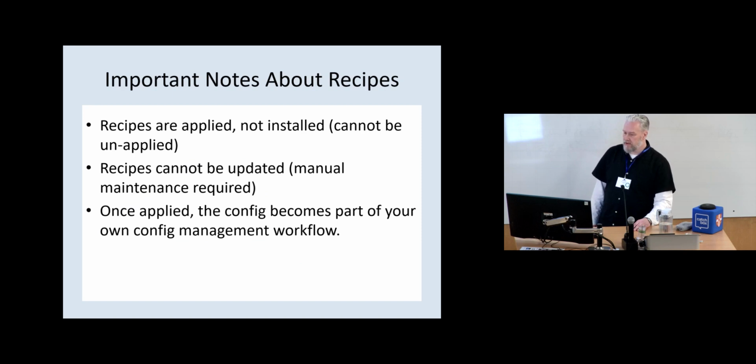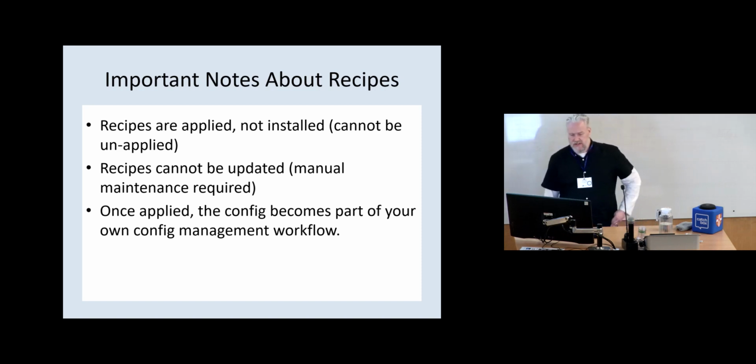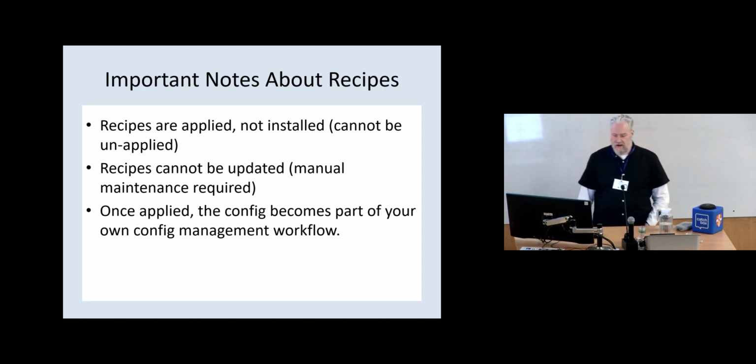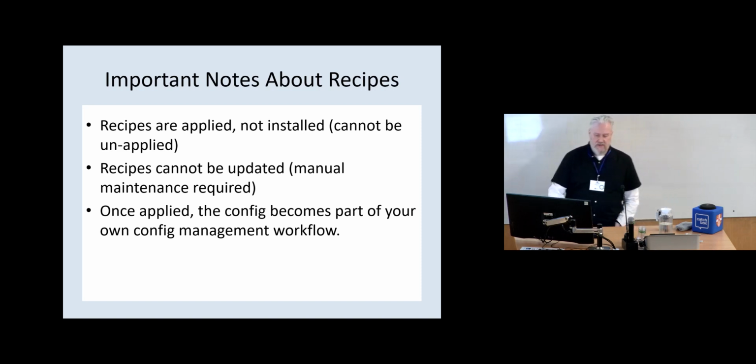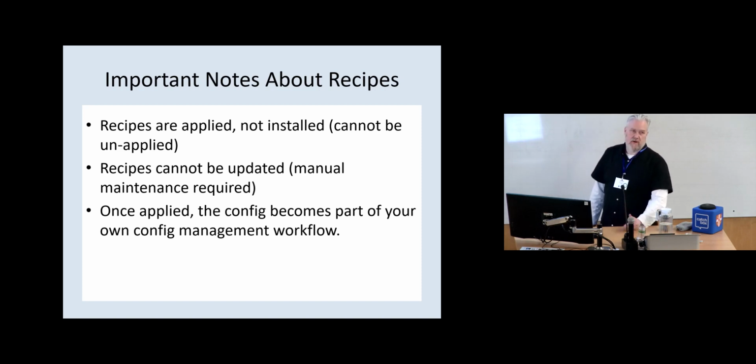So important notes. And Barry said something this morning that I wasn't aware of. You can't unapply. I didn't think you could unapply recipes, but maybe that's a new addition. This is a really quick moving kind of landscape. As far as I was aware, recipes were applied to your site.